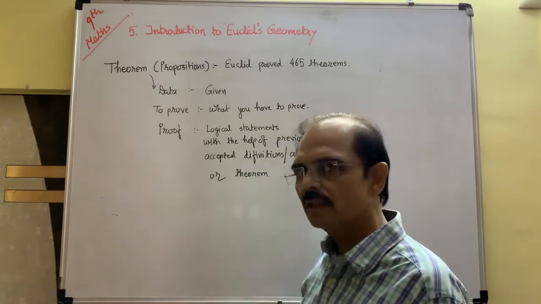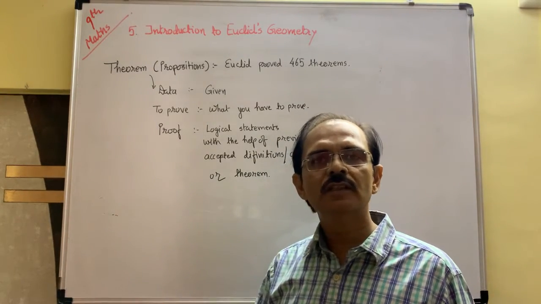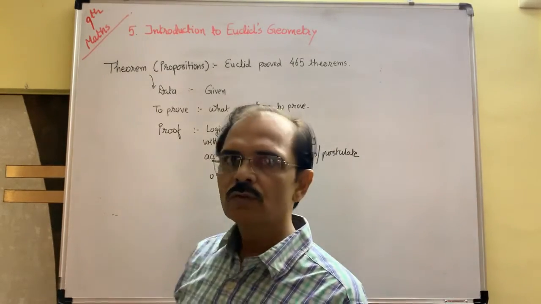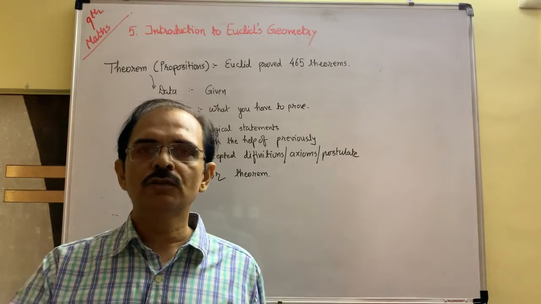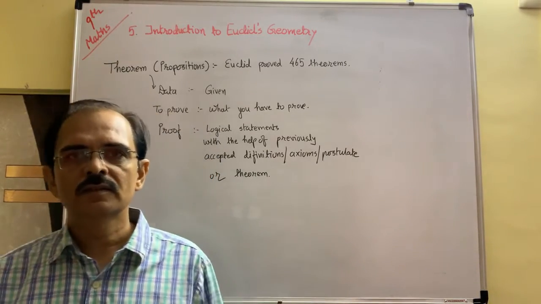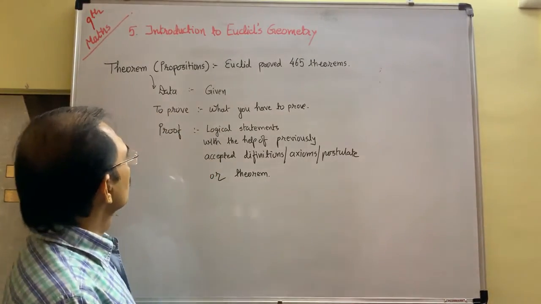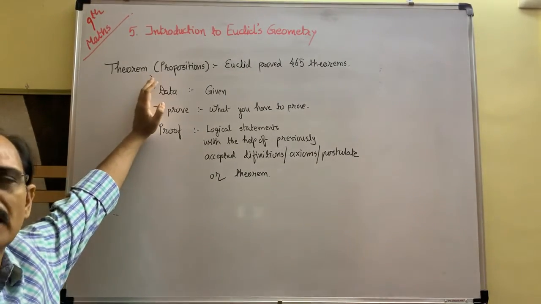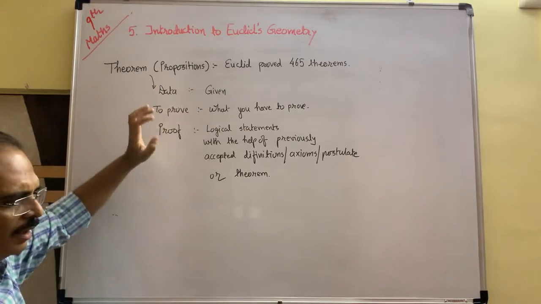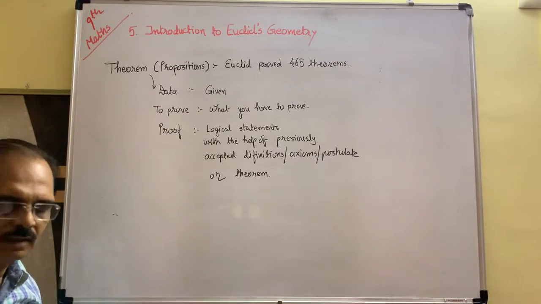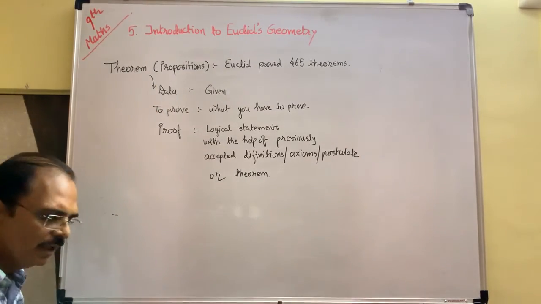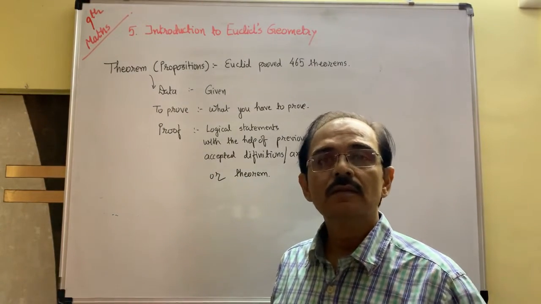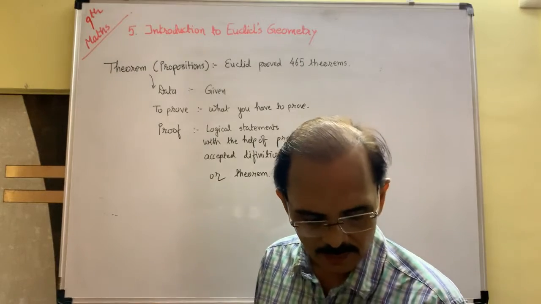Once you prove one theorem, then you can use this result in the second theorem. Once we prove number 1 and number 2, then you can use both theorems in the third one. These are the parts of a theorem. Methods are also there for how a theorem is proved, which we will learn later, in different chapters of geometry.